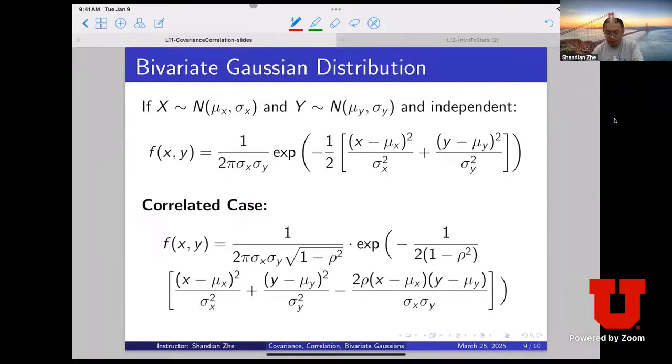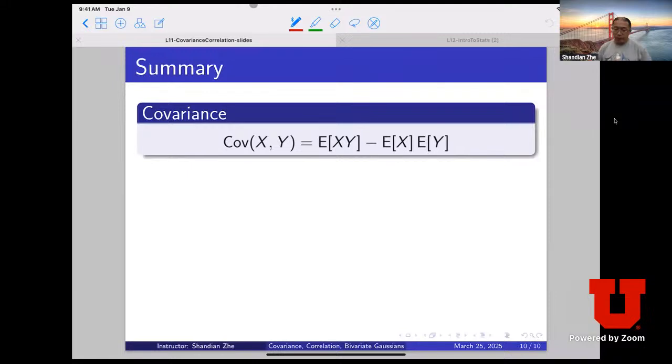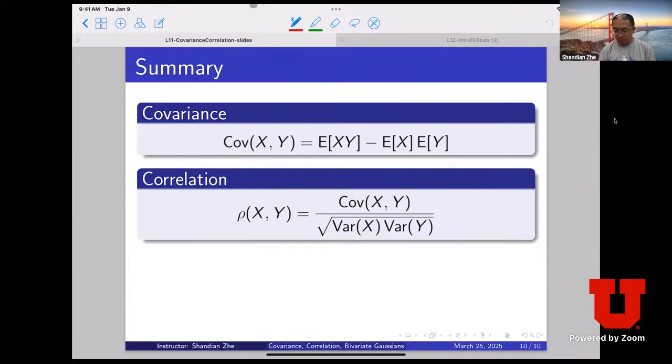Okay, so here's a summary. We introduced the definition of the covariance, which represents a particular type of dependency between random variables. You can calculate it as the expectation of the product of the random variables minus the product of their expectations.